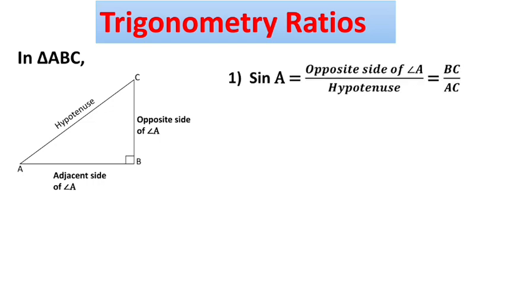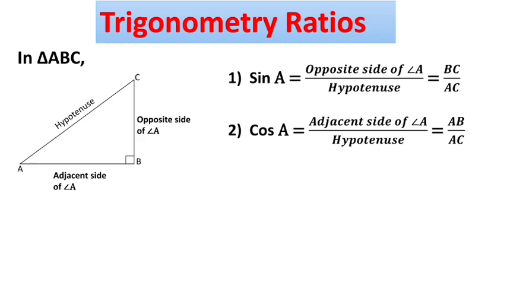Now students, we have to find sin A. Sin A means the sin formula is the opposite side of angle A upon hypotenuse. We are taking angle A, so the side opposite to angle A is BC and the hypotenuse is AC.